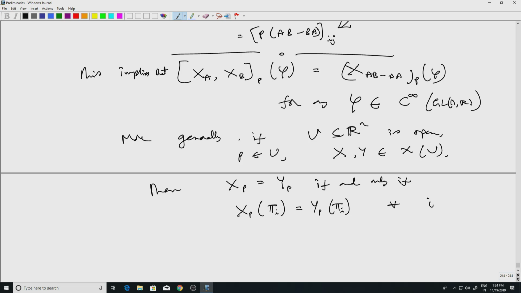And the reason is quite simple. It's just that we can express Xp as summation ai del by del xi at p, and Yp as bj del by del xj at p.